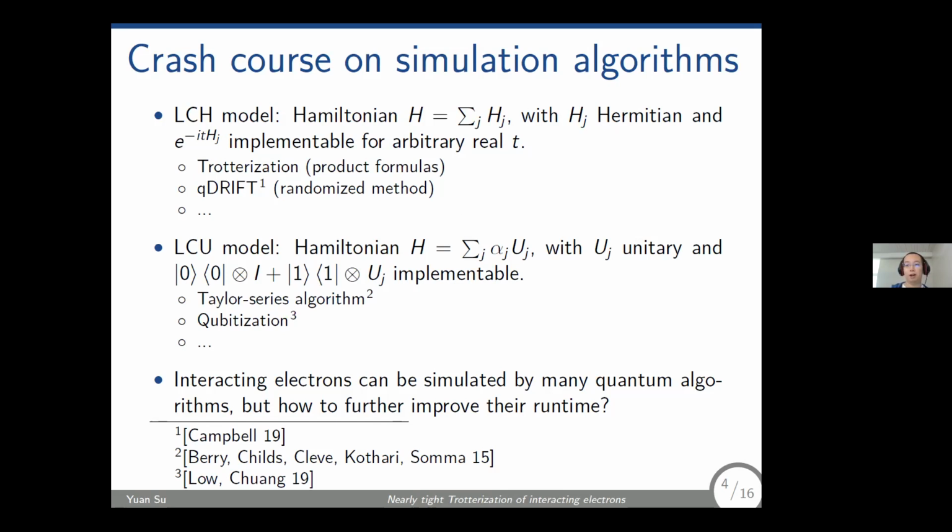But suppose we want to talk about near-term quantum simulation, then perhaps we need to care about the resource requirements. We need to understand how to improve their performance, their runtime. There are a lot of topics we can talk about, but here I would like to focus on one specific algorithm. I would like to have a better understanding of this Trotterization algorithm.